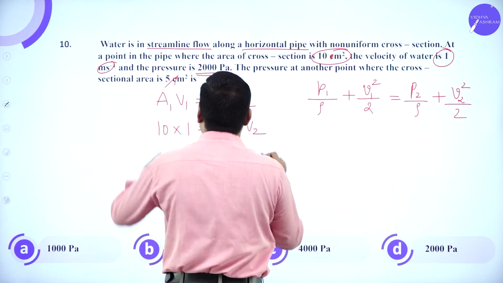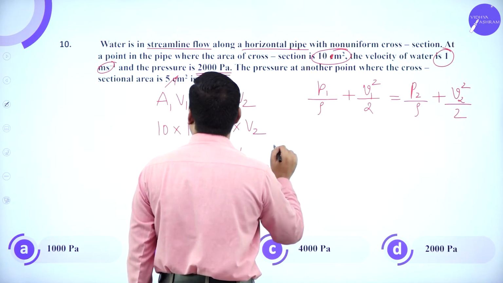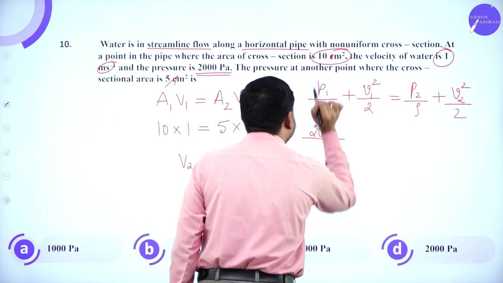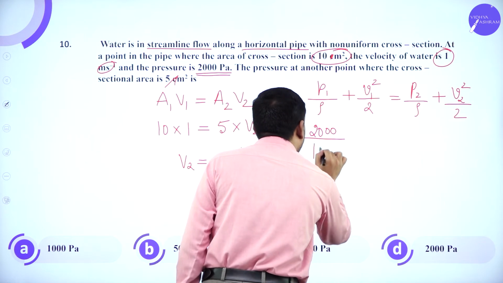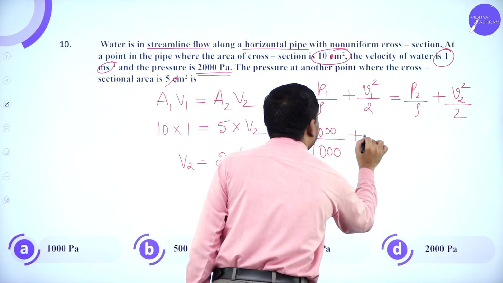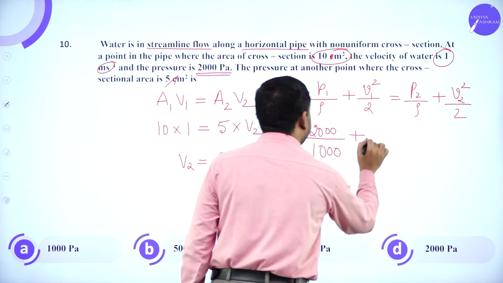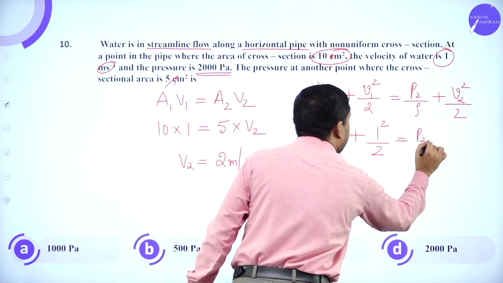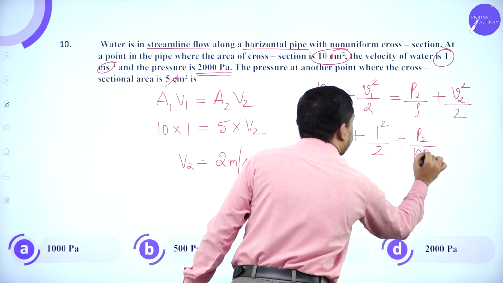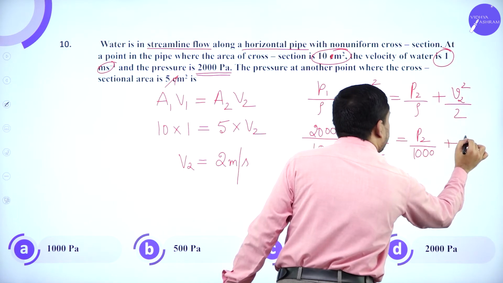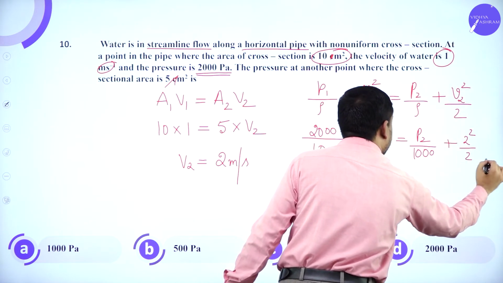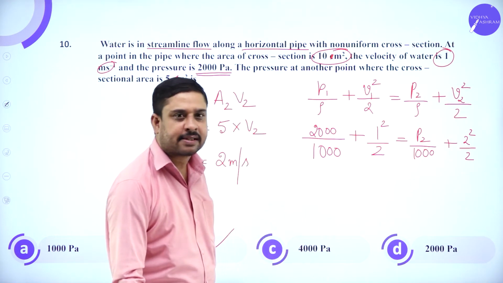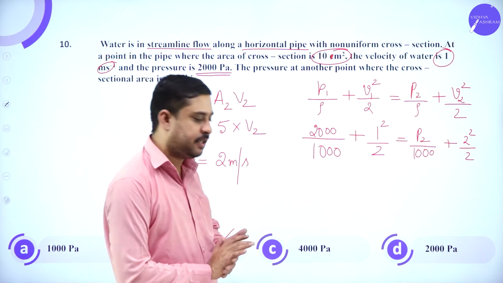It is 2000. Density is nothing but water, 1000. Velocity V1, 1 square by 2. P2 has to be calculated. Again 1000 plus V2, 2 square by 2. So when we simplify, 500 pascals will be the answer.